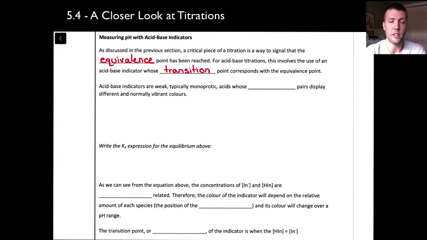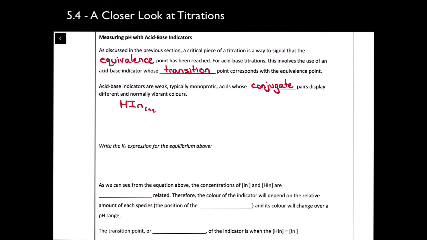Acid-base indicators themselves, remember, are just weak, typically monoprotic acids whose conjugate pairs display different colors, and typically vibrant colors, when they're in their protonated and deprotonated states. Here's an equilibrium for a general acid-base indicator.